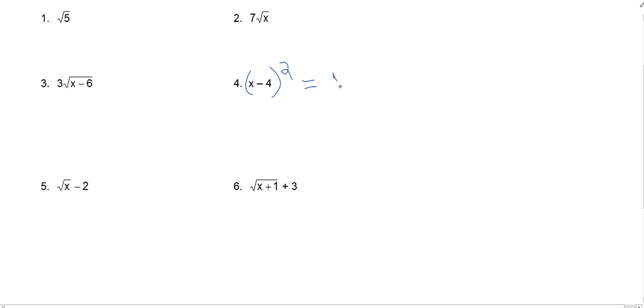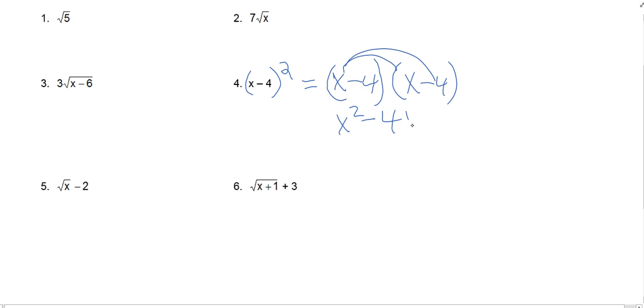Now remember that you could FOIL this out, which is certainly a faster way to do it. If you square it, of course, you're going to multiply the first term and the first term, and then the outside 2 terms to get a minus 4x. And then if you do the inside terms, you'll get a negative 4x again. And when you do the last 2, you're going to get a positive 16.